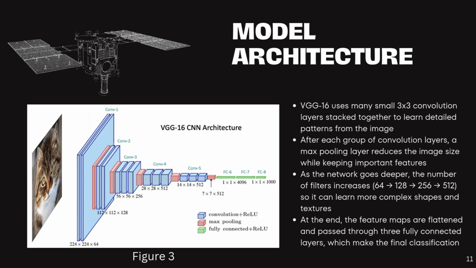As the network goes deeper, the number of filters increases, up to 512. That's just an example. At the end of the features, the layers are flattened, and it goes to 3 fully connected layers to give the final classification of the images.